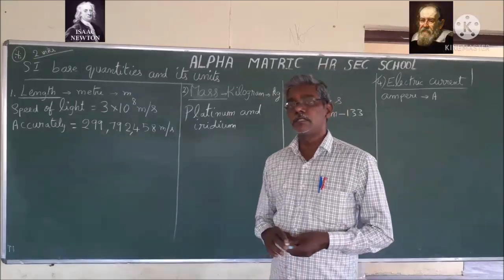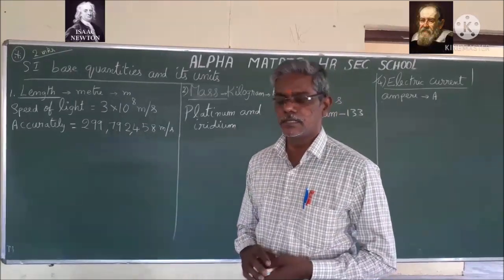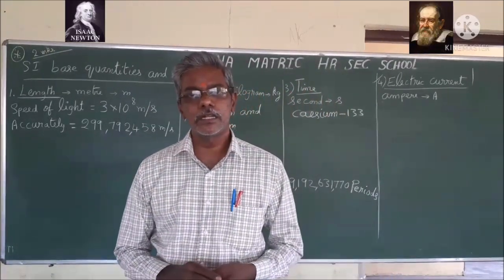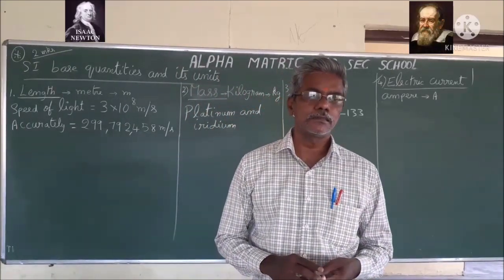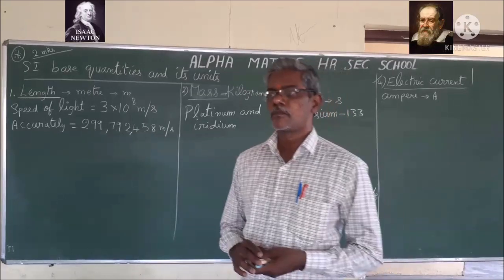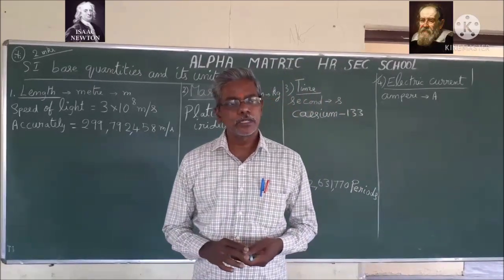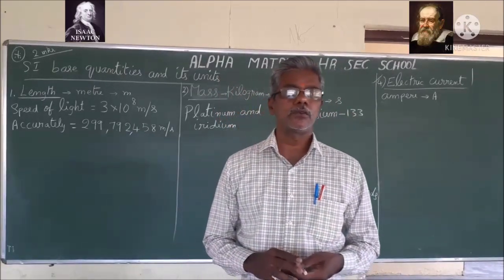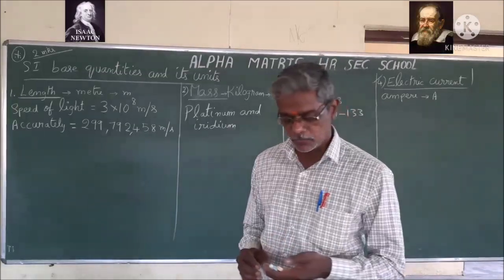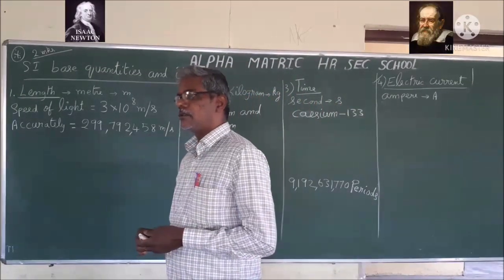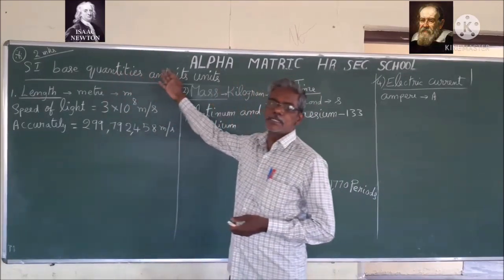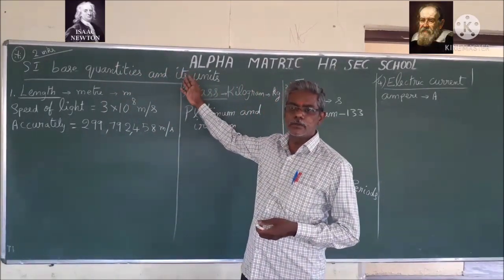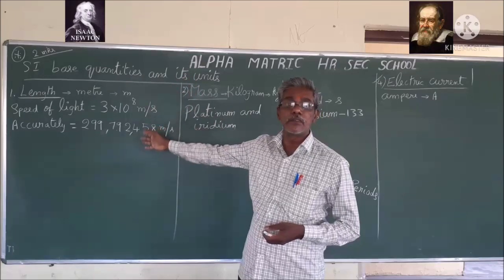Then advantages of the SI system. There are three advantages: one is rational system of units, the second is coherent system of units, and the third is metric system of units. Today we are going to discuss SI base quantities and their units along with their definitions.